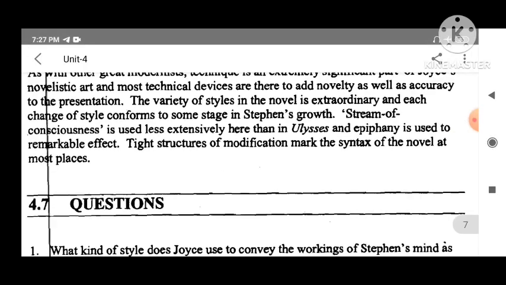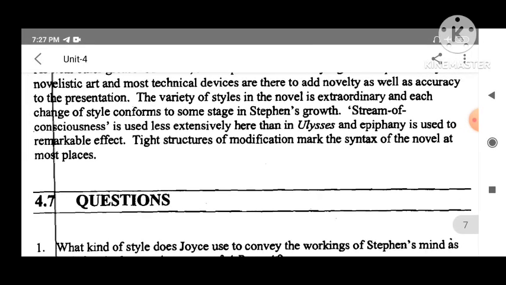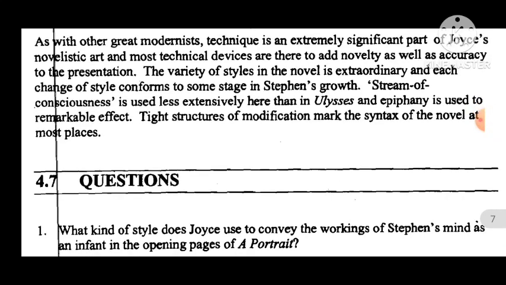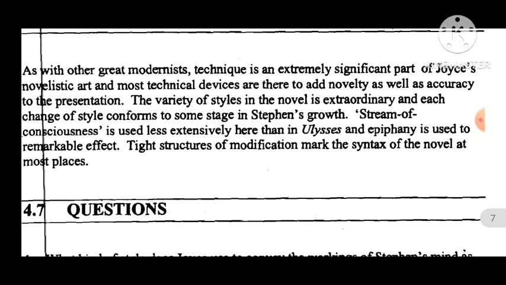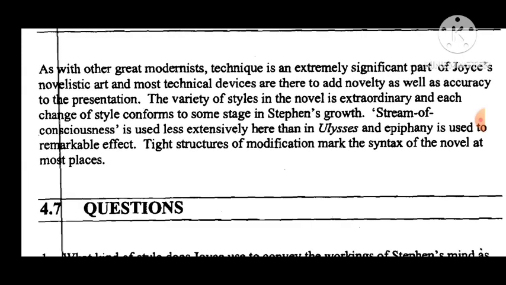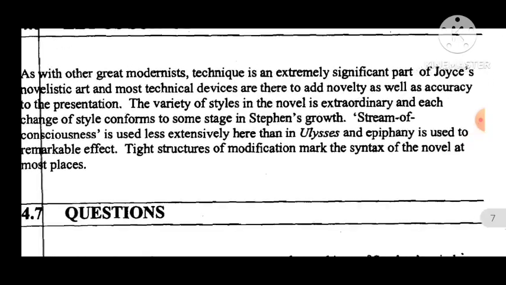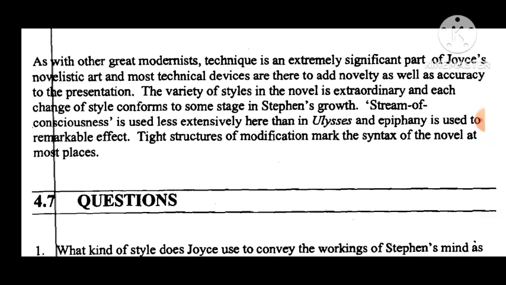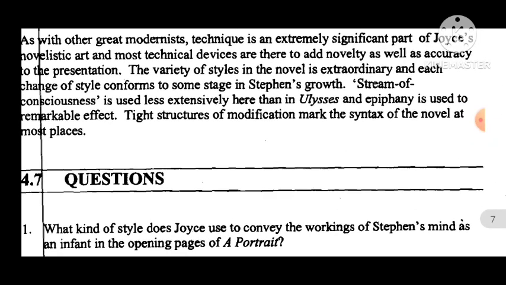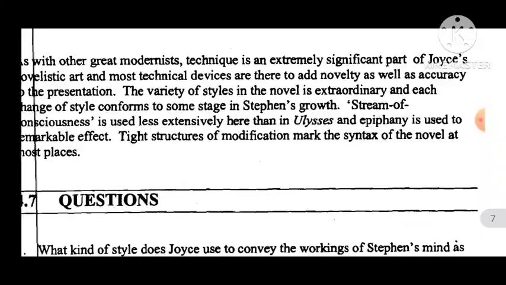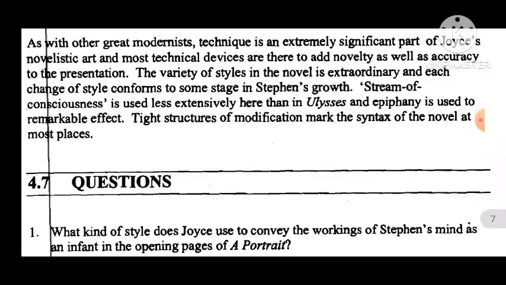Stream of consciousness is used less extensively here than in Ulysses. The variety of styles in the novel is extraordinary, and each change of style conforms to some stage in Stephen's growth. And epiphany is used to remarkable effect.